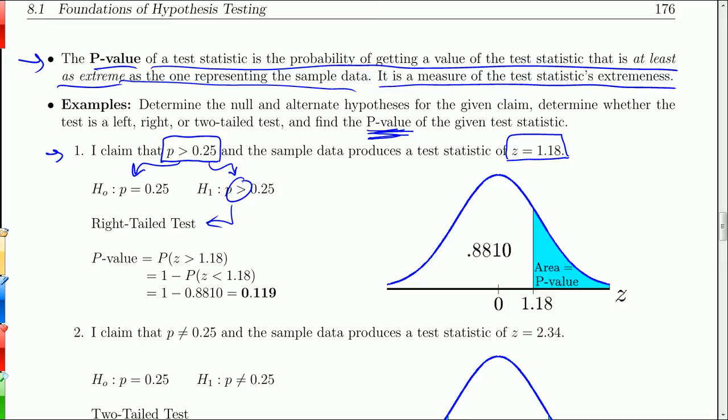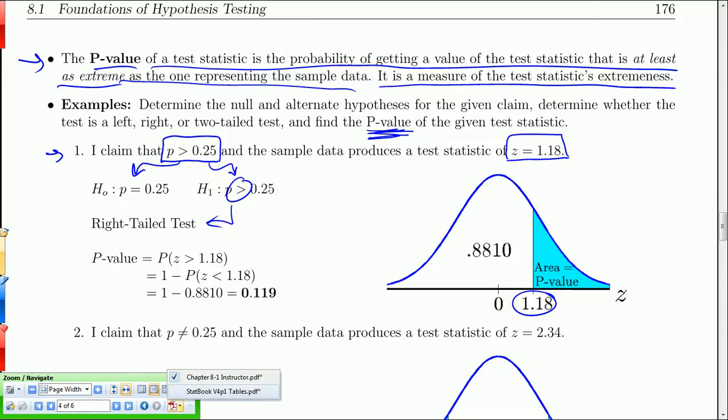So if this is my 1.18 right there, that's my test statistic, then the p-value is this shaded area. It represents the probability of getting a test statistic more extreme in the right-tailed sense than the one you got. So we have to look up 1.18 in the z table.